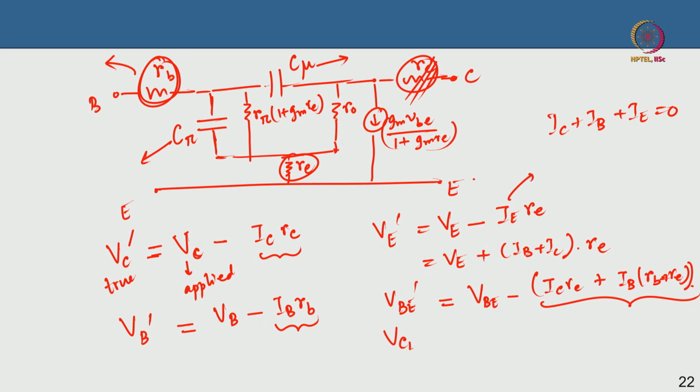Similarly, I can write VCE dash also, and that will come out to be VCE, that is applied, minus IC into RE plus RC, and you are ignoring IB here in comparison to IC. Now, using these expressions, if I go on to derive the intrinsic gm, this is the true gm that you have, but what you measure is actually gm.